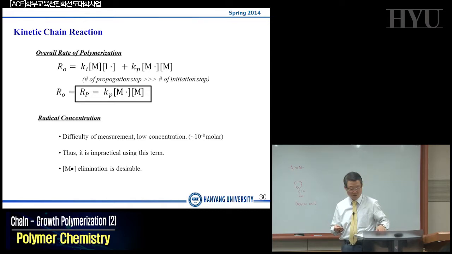I think we have described here that the radical concentration M dot is difficult to measure, although it's possible, but it's not easy.